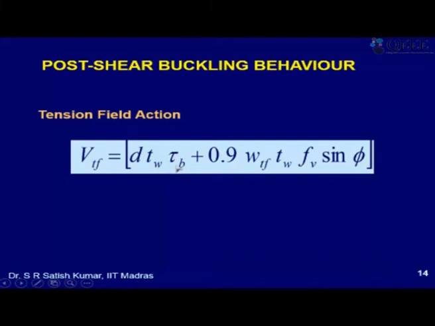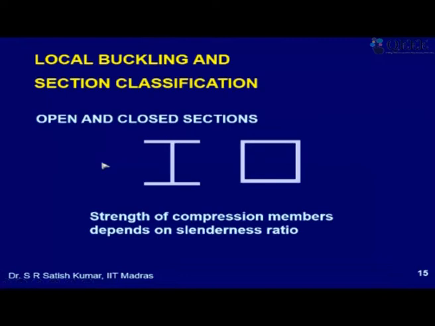The code gives you how to calculate tau b from tau critical. This would have been the buckling stress. In addition, we have another expression which is the post buckling strength. Together they represent the total load at which the plate will fail in shear. Okay, that is just an introduction to plate buckling.